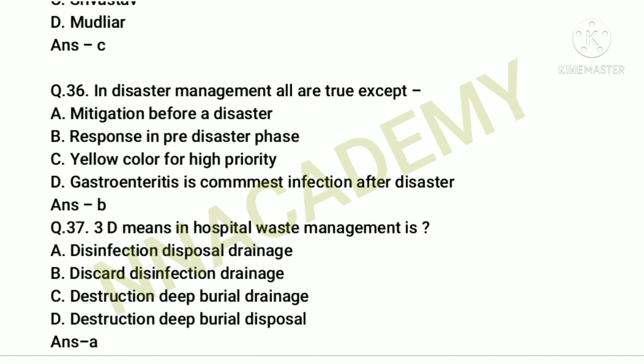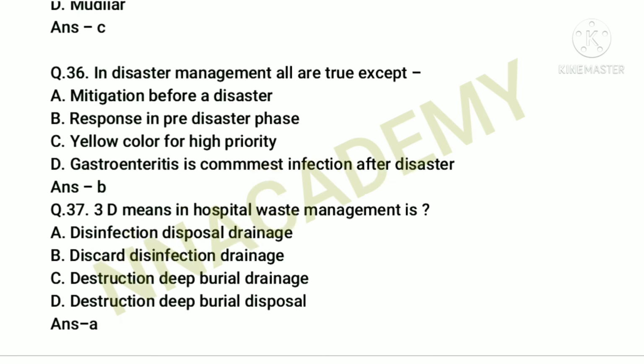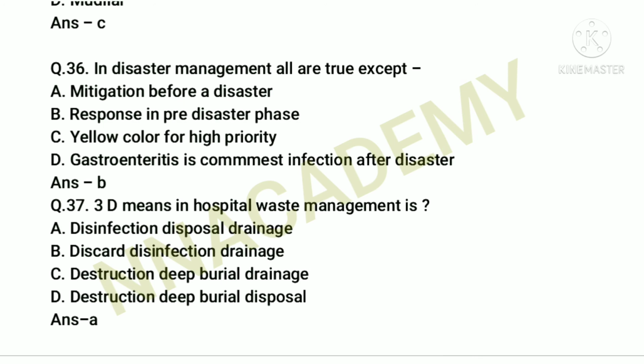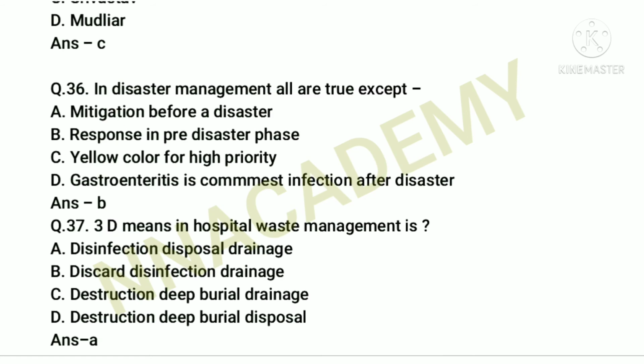And next question. In disaster management, all are true except: option A, mitigation before a disaster; option B, response in a pre-disaster phase; option C, yellow color for high priority; option D, gastroenteritis is the commonest infection after disaster.